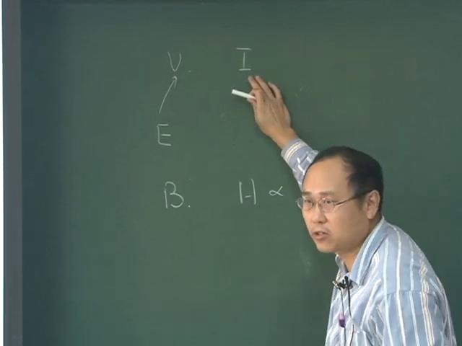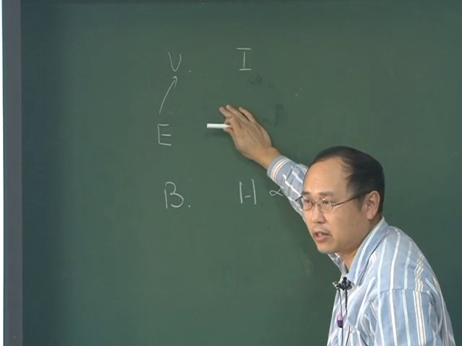How do you create electric current inside an electric circuit?